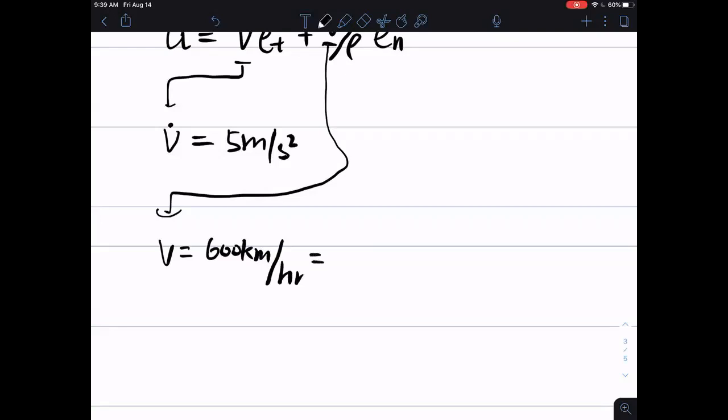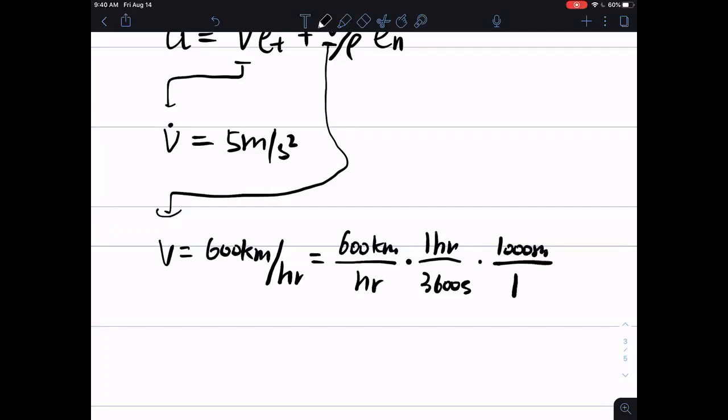This can be converted to 600 kilometers an hour times 1 hour per 3,600 seconds. Now you convert a kilometer to meters. That's 1,000 meters per 1 kilometer.